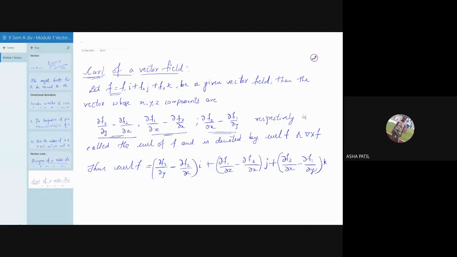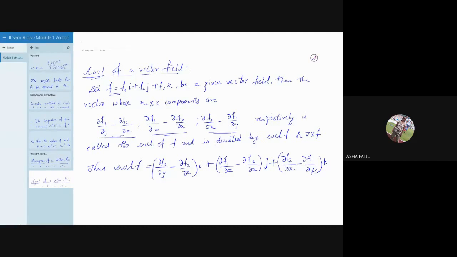F is a vector field having the ijk components f1, f2, and f3. To find all these components: dou f3 by dou y, dou f2 by dou z, again dou f1 by dou z, dou f3 by dou x, dou f2 by dou x, and dou f1 by dou y.